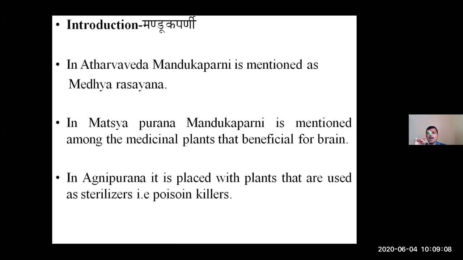In the Matsya Purana, Manduka Parni is mentioned among the medicinal plants beneficial for the brain. In Atharva Veda and Matsya Purana, Manduka Parni is said to be a drug beneficial in brain disorders, a memory booster.